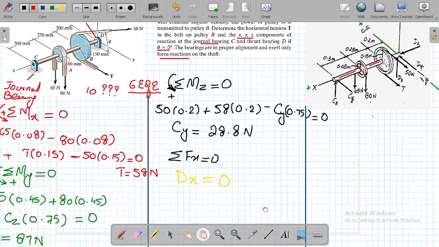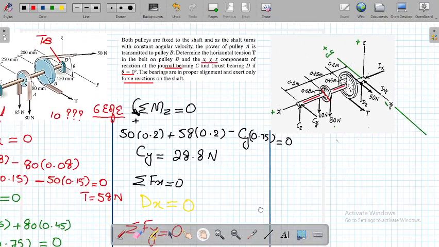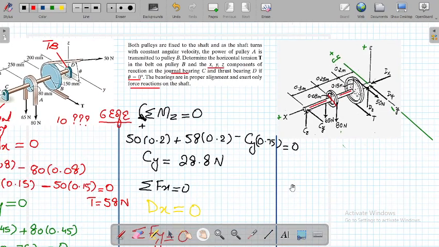So let's calculate dy. For that we have to sum forces about the y-axis. Sigma Fy is equal to 0, which means sum all the forces along the y-axis.